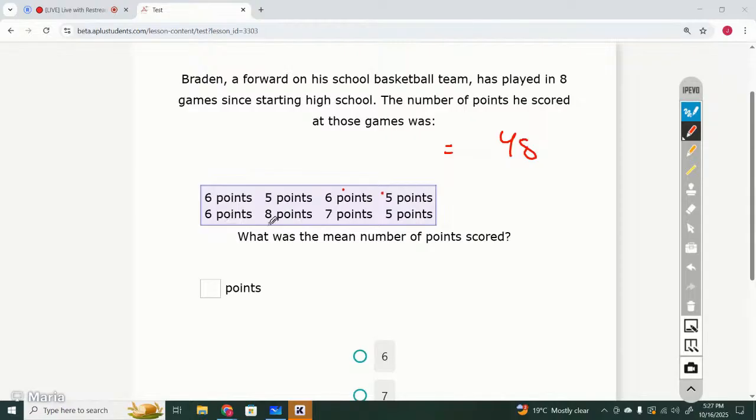1, 2, 3, 4, 5, 6, 7. So there are 8. The mean is the sum of all the numbers divided by the number of values given.